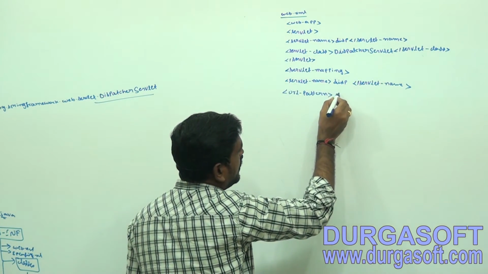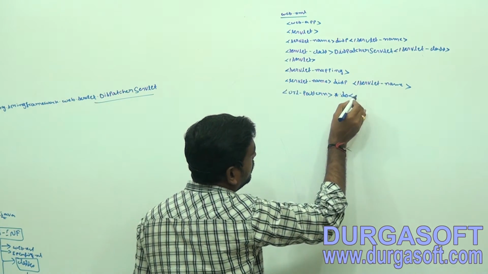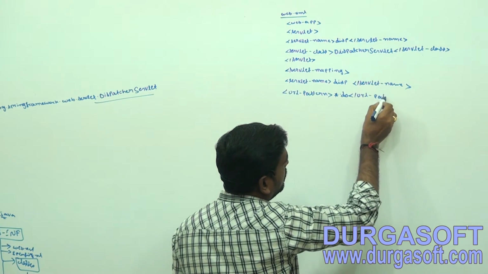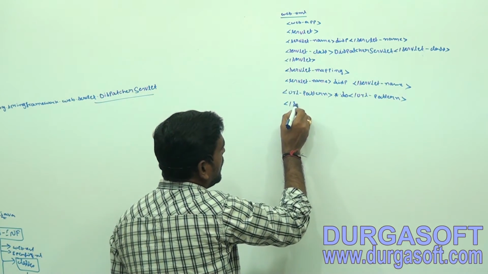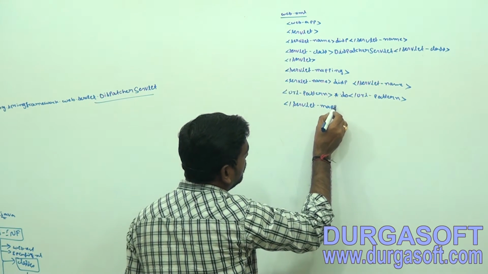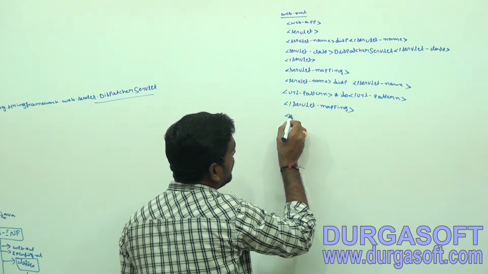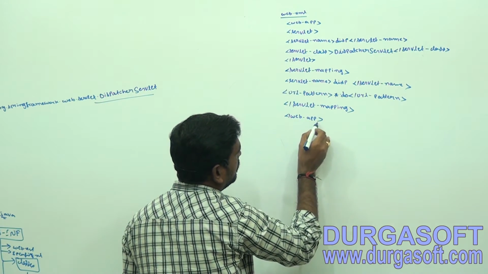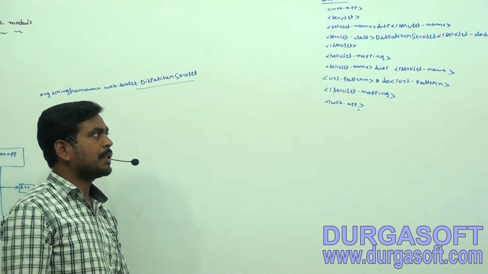The next here, star dot do. Close the url-pattern. The next, close the servlet-mapping. The next, close the web-app. Right? This is the way of configuring.